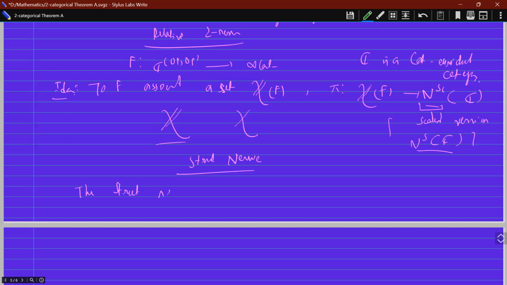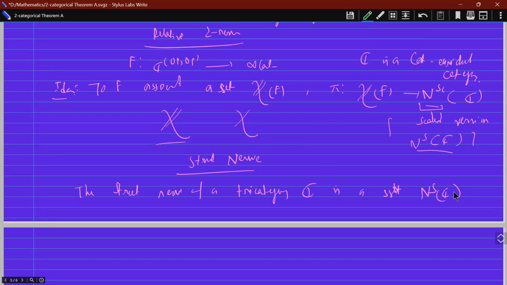So, the Street nerve of a tricategory. What do I mean by a tricategory? It is like an algebraic version of the weak 3-categories that you have. I won't get into the details. Let me call this C. This is a simplicial set, and this is the notation that I'm using. Right.